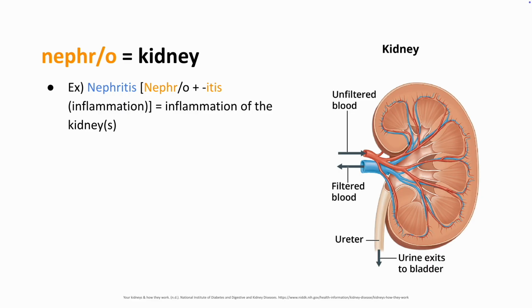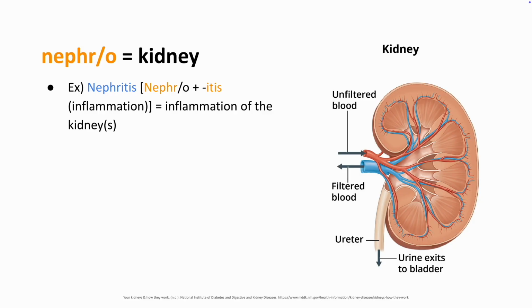Nephro is a combining form. It means kidney. So nephritis is one example for nephro. I know I have a lot of examples that go itis, some kind of inflammation, for any kind of combining forms, but it's just that a lot of these terms only have very few use cases.